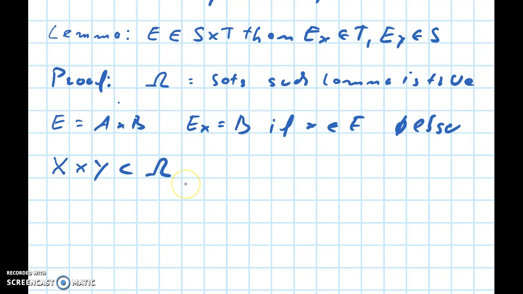Now we need to show that the complement of every set E in omega is in omega.